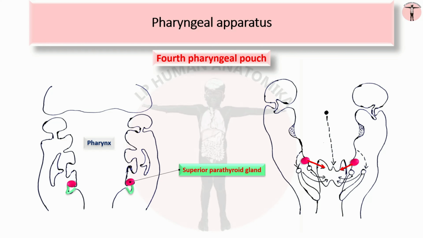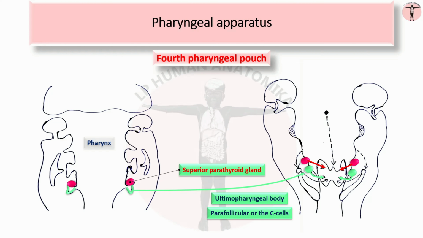The elongated ventral region of the 4th pouch gives rise to the ultimobronchial body, or the ultimopharyngeal body, which is later incorporated into the thyroid gland. Cells of the ultimobronchial body derived from the neural crest cells give rise to the parafollicular or C cells of the thyroid gland. These cells secrete calcitonin, a hormone involved in regulation of the calcium level in the blood.